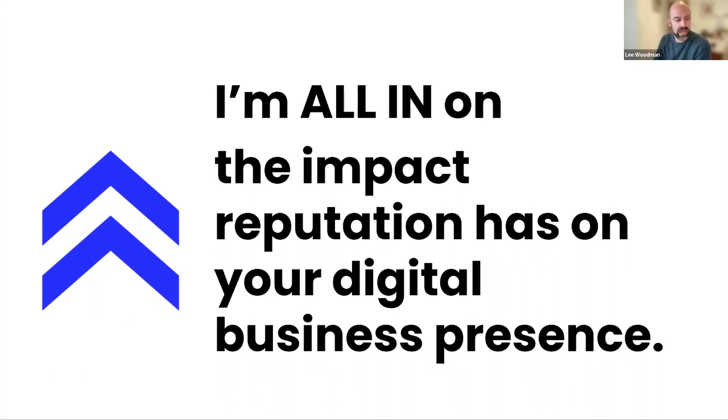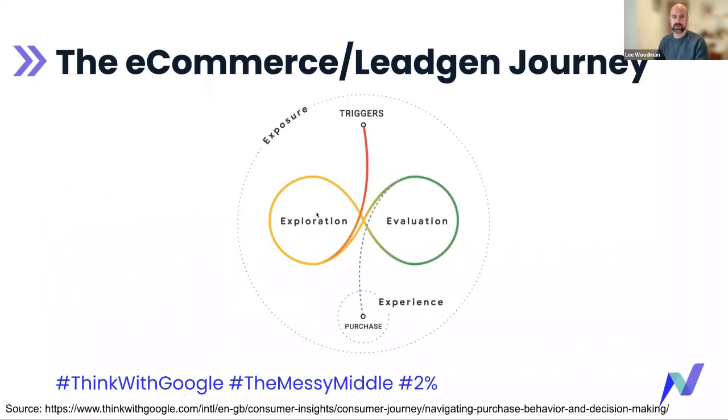So we're going to look at how reputation is articulated on websites and what dials you've got to improve and tweak to make the most of it. Whether it's e-commerce or lead generation, customers are exposed to your product, and there are certain triggers to get them into the buy cycle.